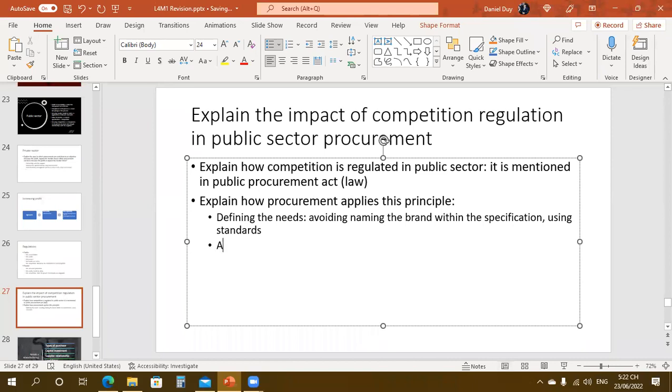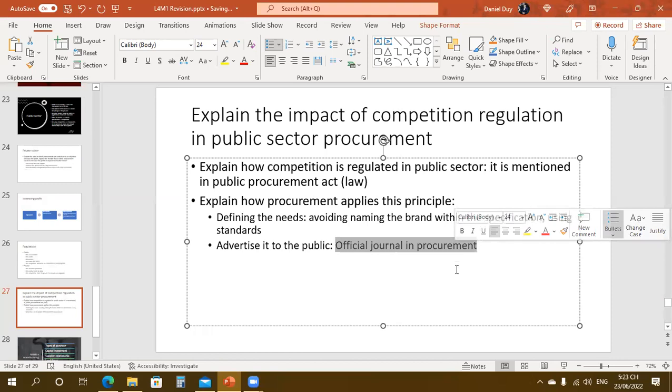Second, you can advertise to the public through the official journal in procurement and other methods. This is a requirement, but you may also advertise it on your website or on your social media account.